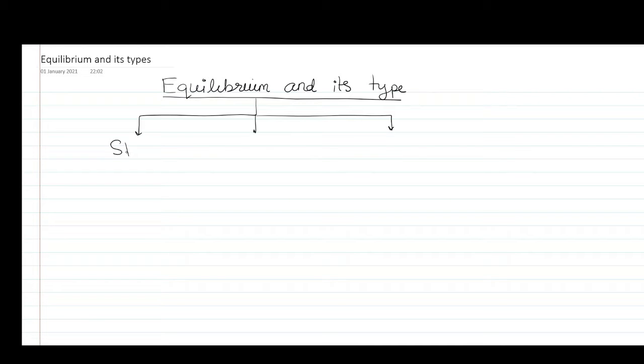One is stable equilibrium, one more unstable equilibrium, and third one is neutral equilibrium. So we will study one by one all the different types of equilibrium.